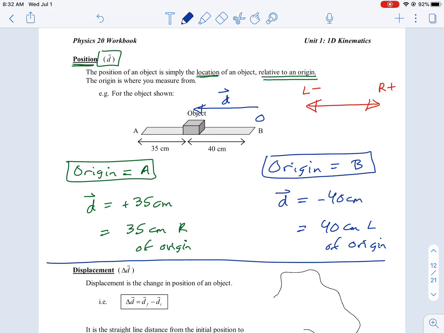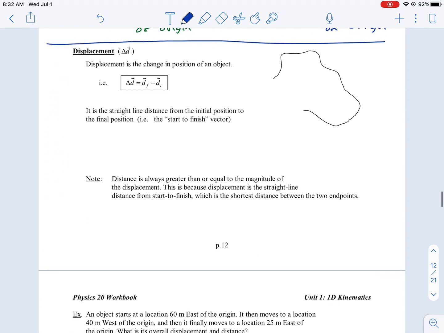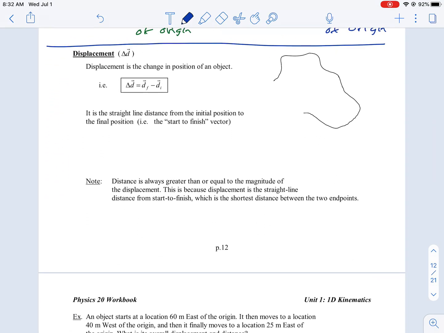Okay, let's move on to something that's related to that, and it's called displacement. Displacement has the symbol delta D, which is otherwise known as change in position. Now, it actually has a couple of different definitions that we're going to get comfortable with.